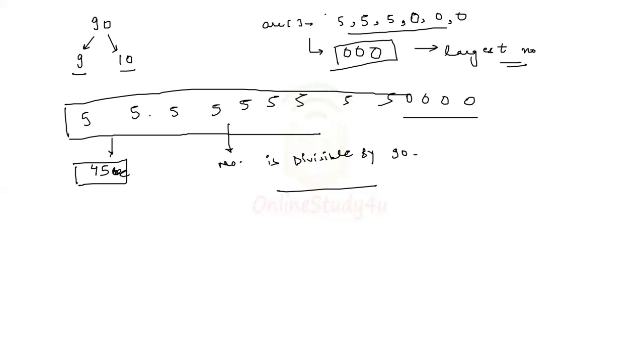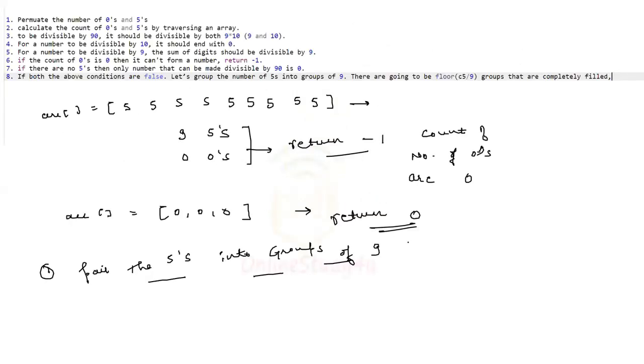When you pair the fives into groups of 9, you can simply print all the fives that you have, and at last you can just embed the zeros.